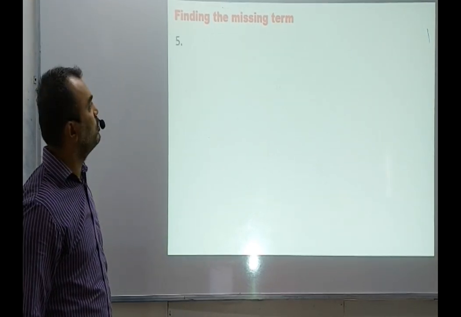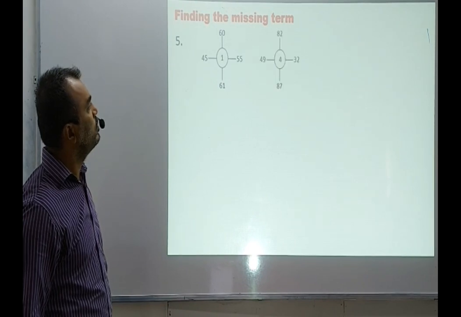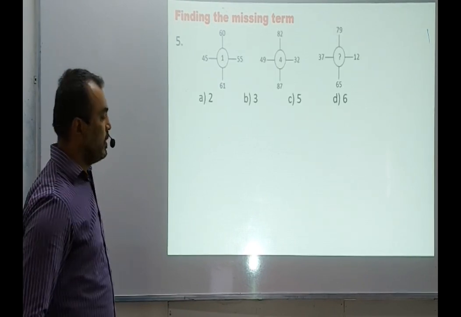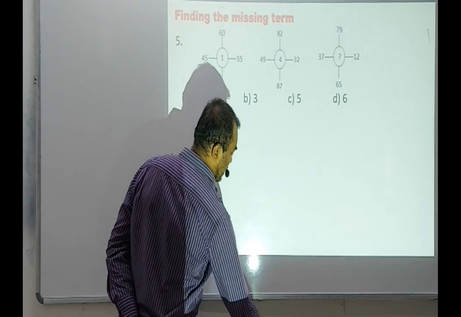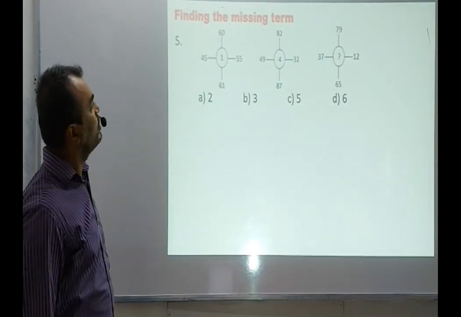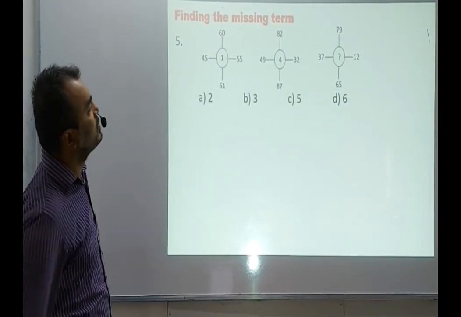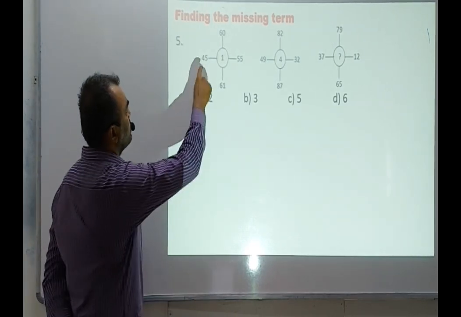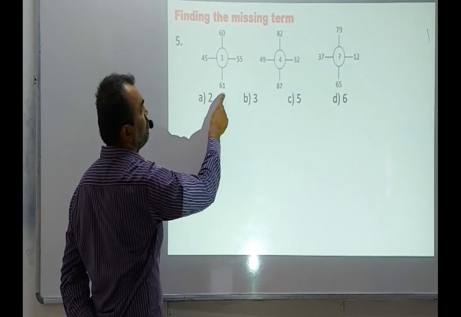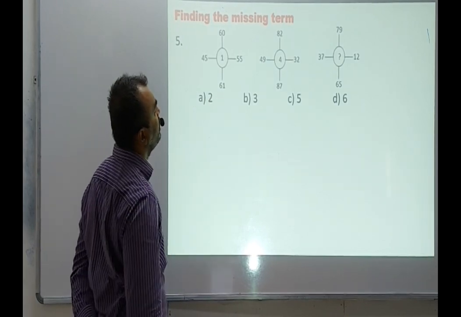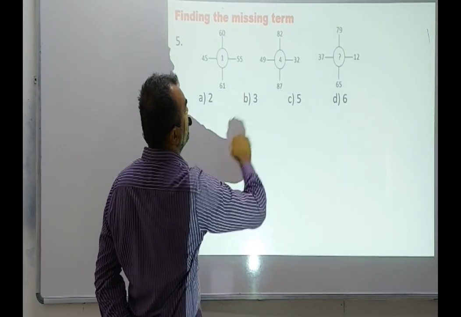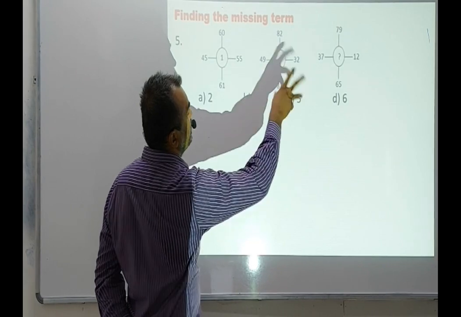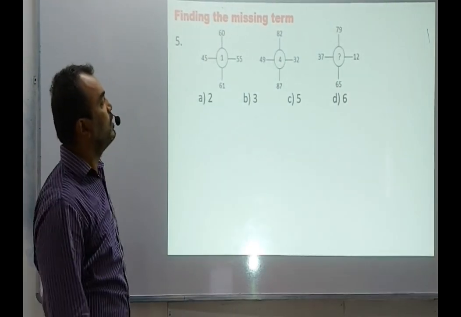Next up we move on to, okay, now this is a slightly tricky sum again. First of all, you see the numbers 45, 60, 55, 61. These three are multiples of 5. This is not a multiple of 5. Here the numbers are totally different.